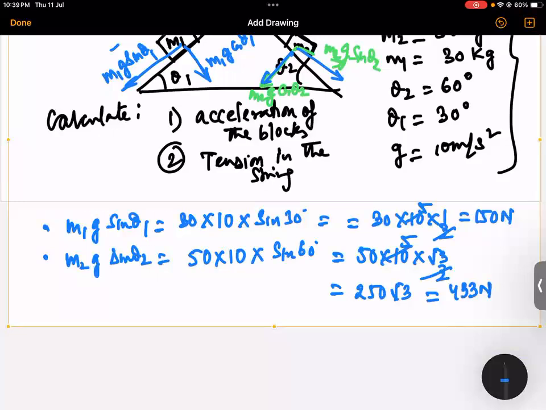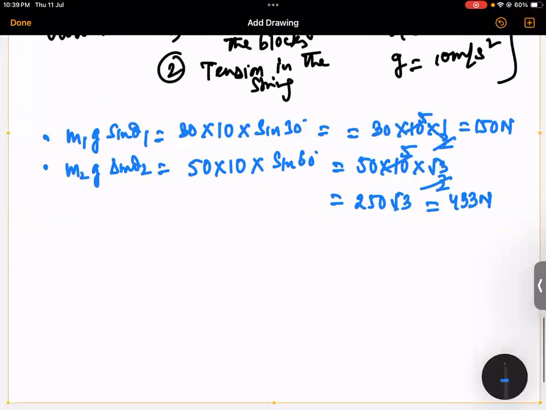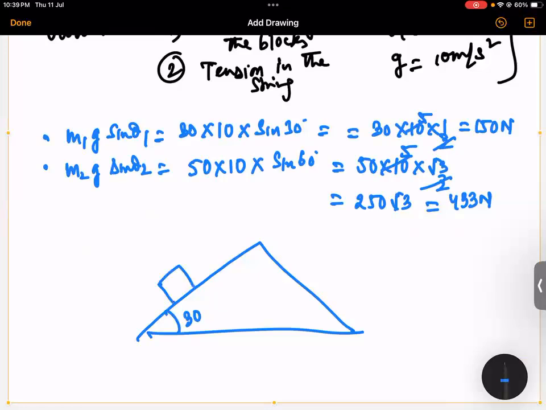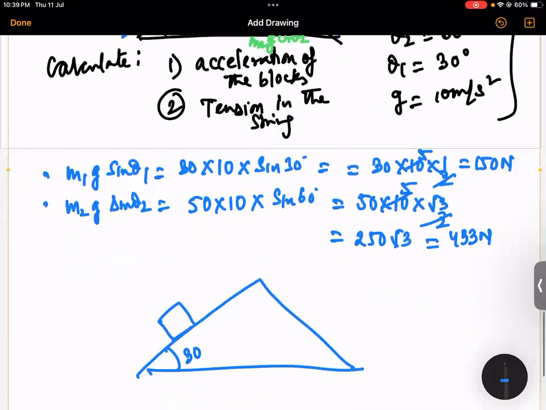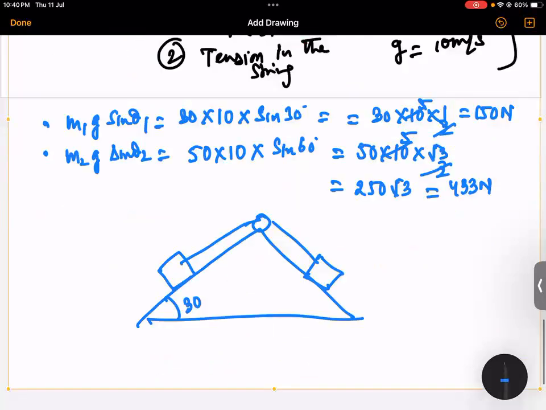So children, I will redraw the inclined plane once again. This was the M1 block and this was the M2 block. So this is your pulley. Which force is what?